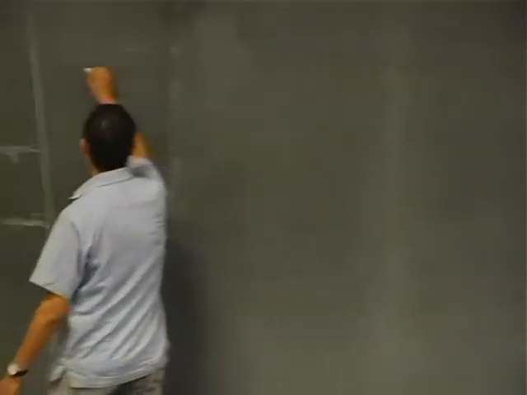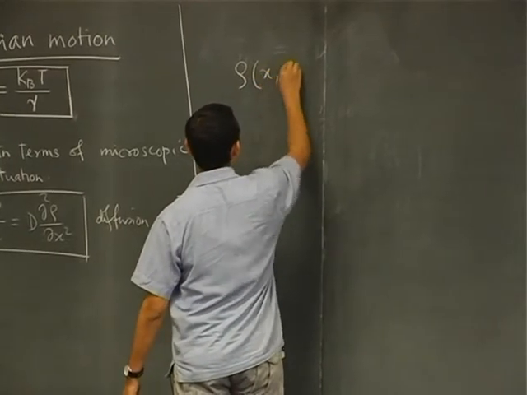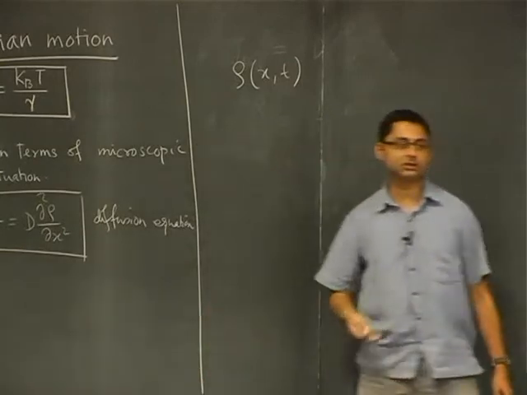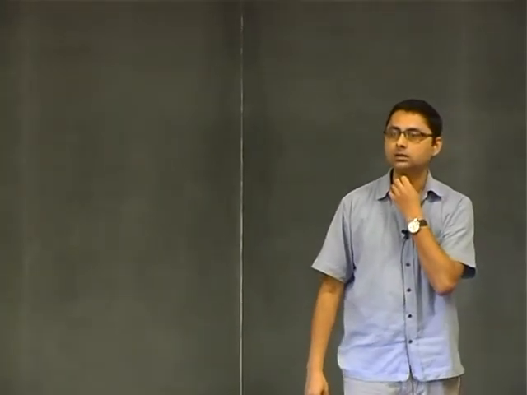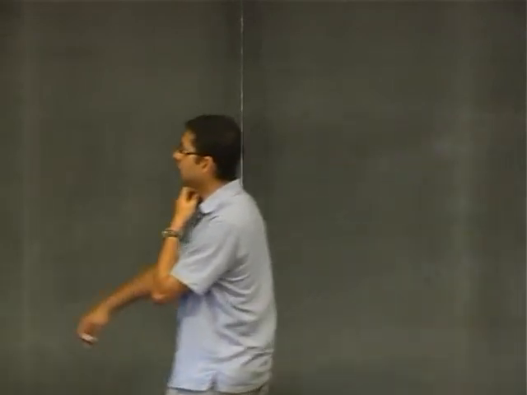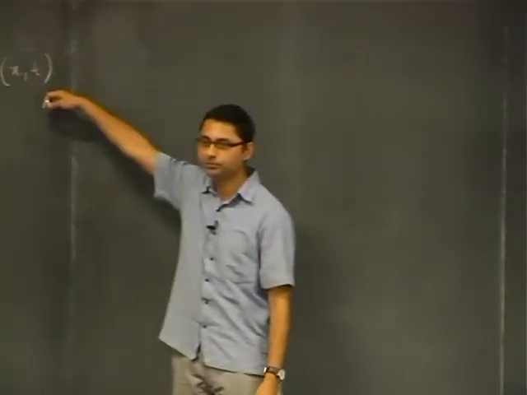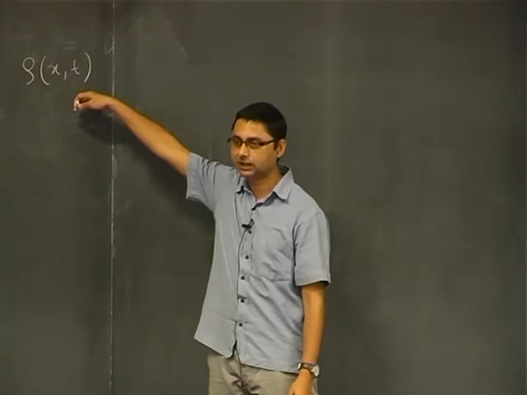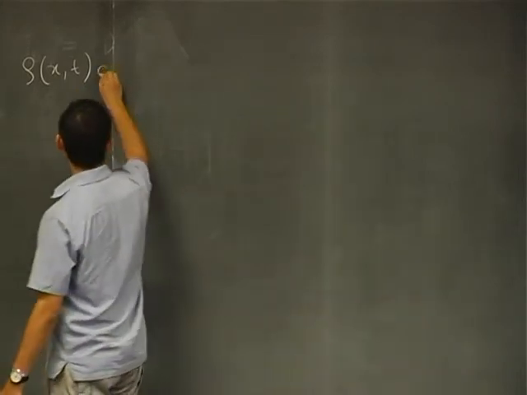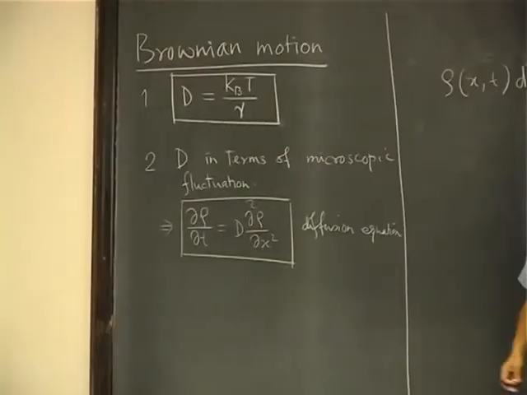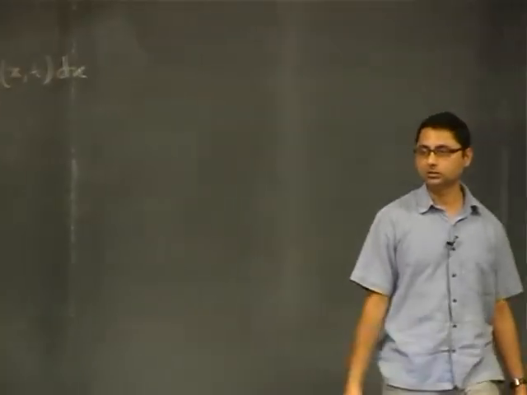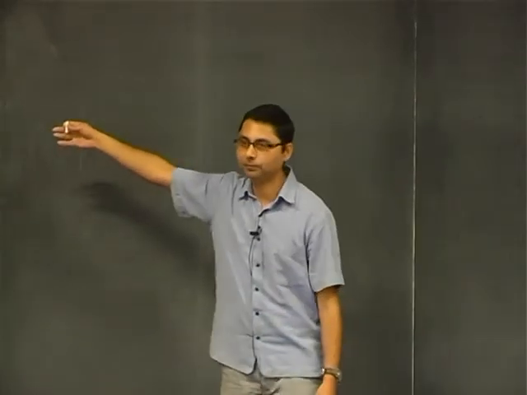What does it mean? If I consider a small volume around x, then this times dx gives me the number of particles in that volume, right?